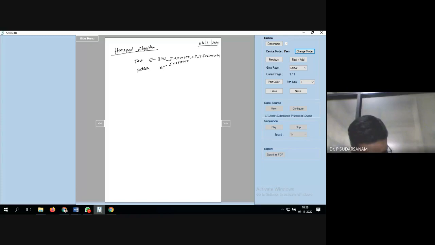So a function is nothing but an algorithm: Horspool. You have the text and the pattern. I'll write the pattern P[0..m-1] as an array, comma, text T[0..n-1].